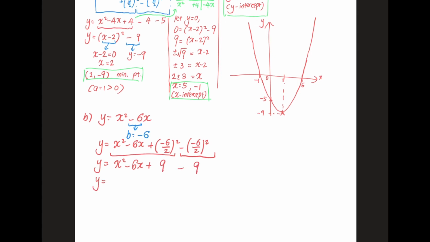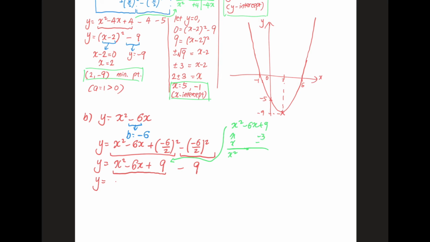Now for the first 3 terms here, we can factorize it, and you will get 2 same factors. So imagine x squared minus 6x plus 9. x times x is x squared.